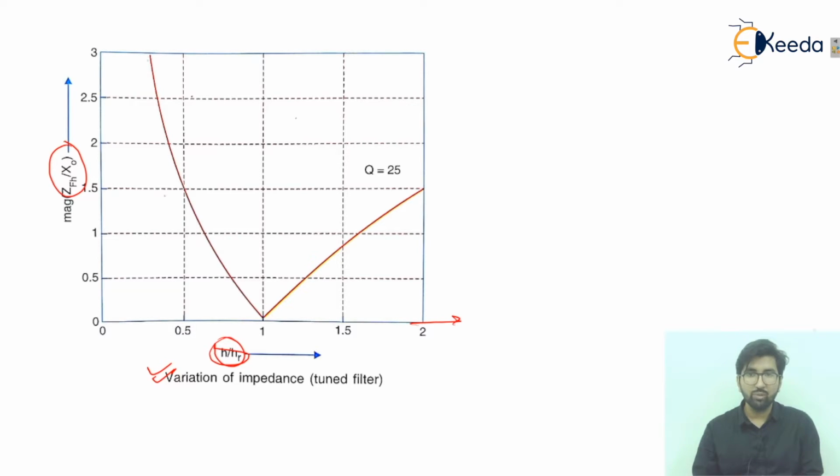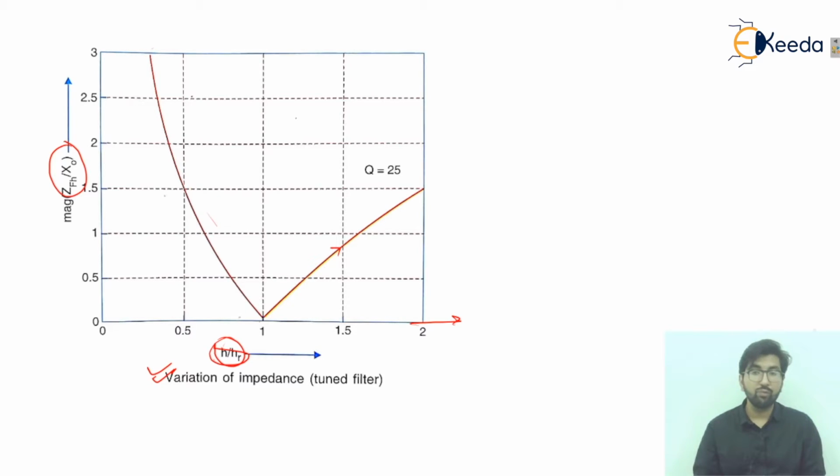It is going to have a value of 1 when H and HR are equal, so the ratio is 1. Then the curve decreases slightly and steeply. After the value of 1, when H is more than HR, that is, more than the resonance frequency, it is an increasing curve.